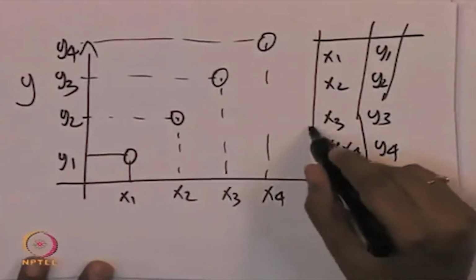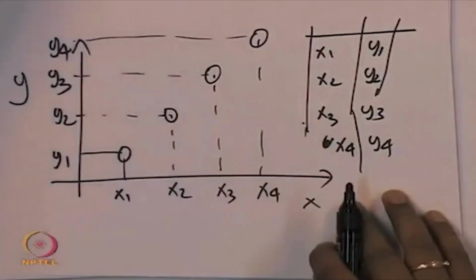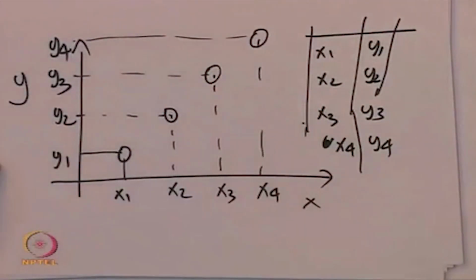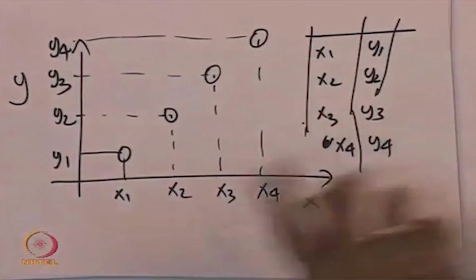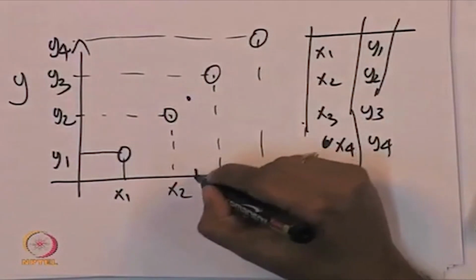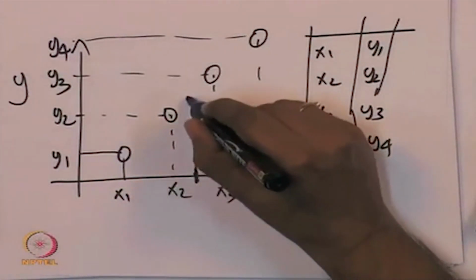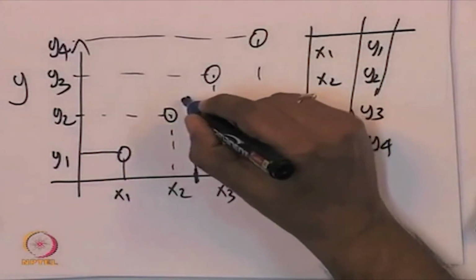These are the corresponding values, and this is the table I got and this is the function I got. So, if I have some function like this, the simple question that might arise is how do I find the value of the function somewhere in between, at this particular point?